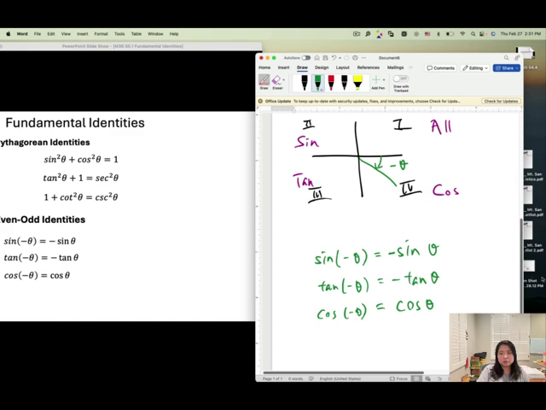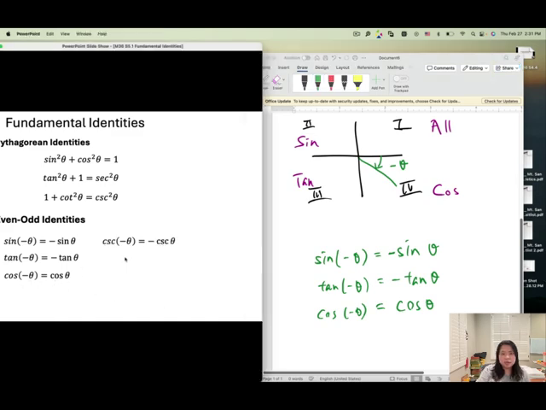You could see only cosine is going to be positive. Cosecant is the reciprocal of sine, so when sine is negative, cosecant is also negative. Cotangent is a reciprocal of tangent, so when tangent is negative, cotangent is also negative.